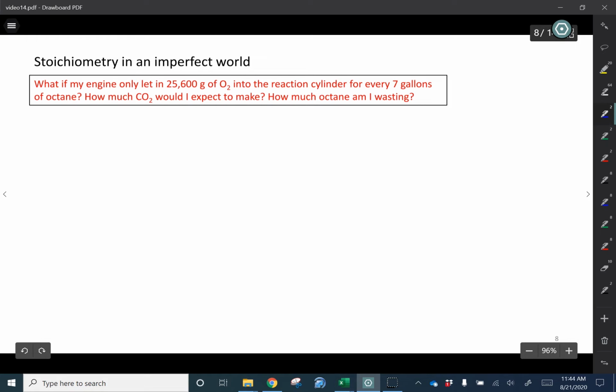If we were able to measure how much O2 goes into the reaction cylinder, and that value was 25,600 grams of O2, then we could go ahead and calculate how much CO2 we would expect to make. So we'll call this part A of the question. And then we would be able to figure out how much octane is being wasted in this reaction. And we're going to do this again using dimensional analysis.